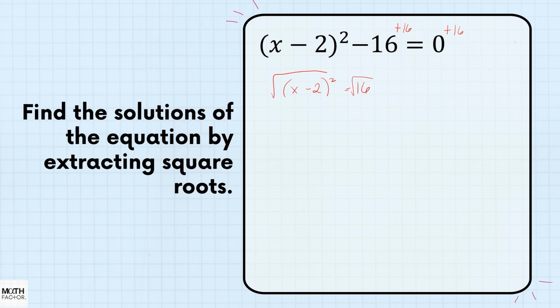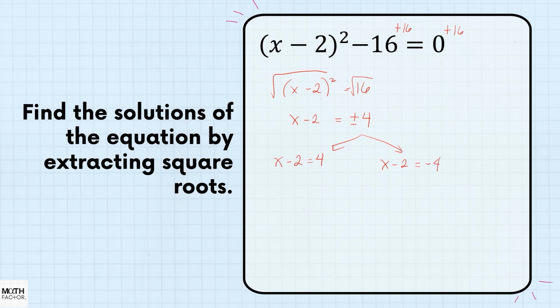The square root of x minus 2 squared will be x minus 2 equals square root of 16, which is positive negative 4. So we will now transition this into two separate equations. One will have x minus 2 is equal to positive 4, and the other one will have x minus 2 is equal to negative 4.